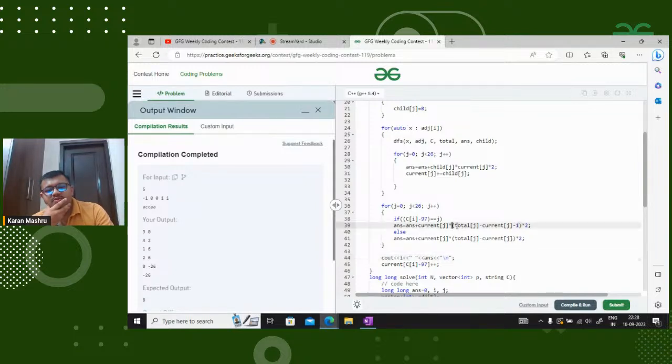So is this going negative somewhere or what? Total minus current of j, total minus current of j, and minus 1 if C of i minus 97 equals j, that's okay. Else, COUT i, j.